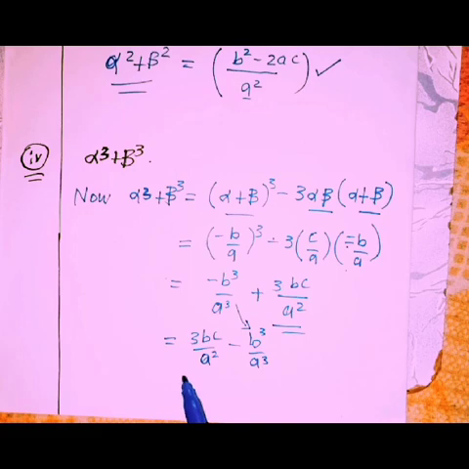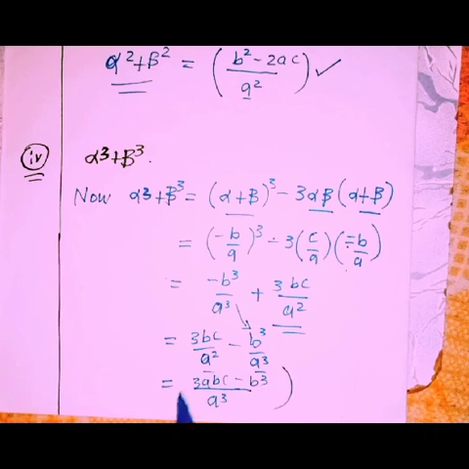Now if we take the LCM of the denominators, a square and a cube, the LCM is a cube, and in the numerator we can write 3abc minus b cube, which is the required value of alpha cube plus beta cube.